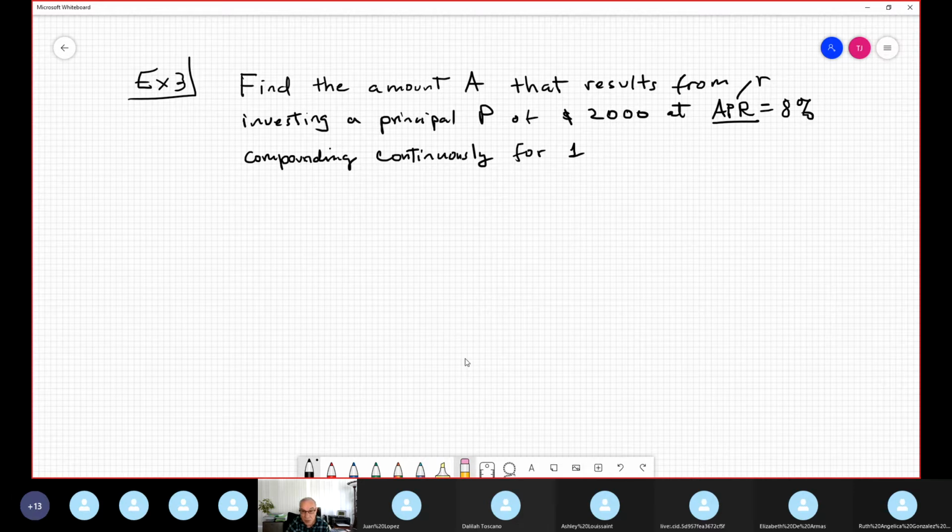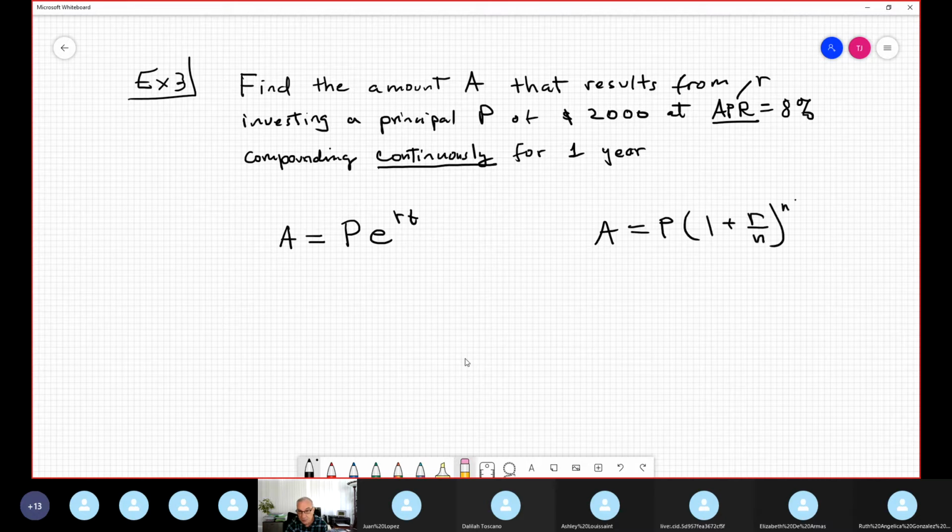Immediately you hear the word continuous, this suggests to me that we're using the formula for continuous compounding: future value is equal to present value times e to the RT. Not anymore that formula, present value times 1 plus R over N raised to the NT.